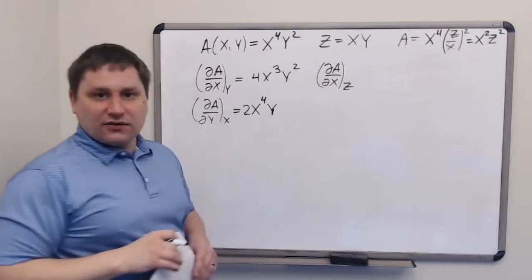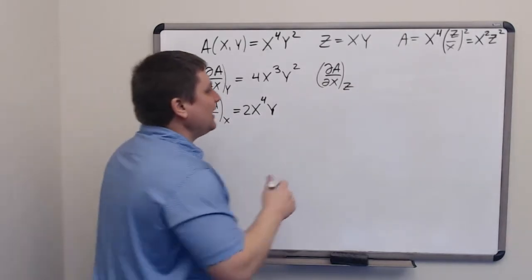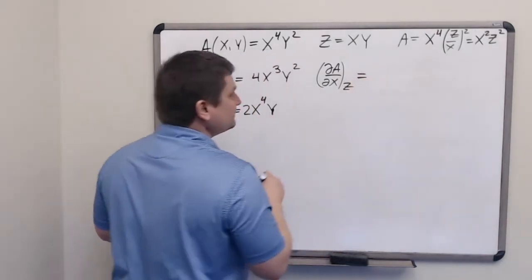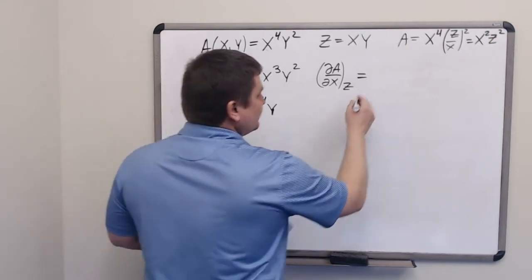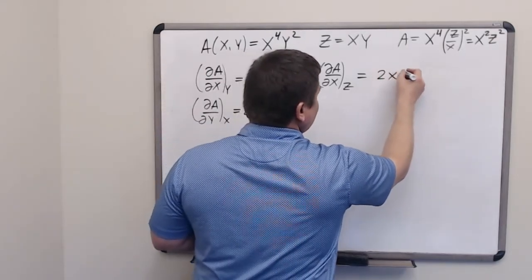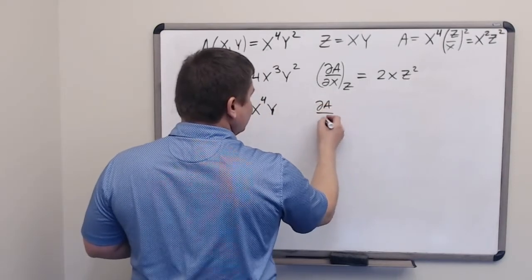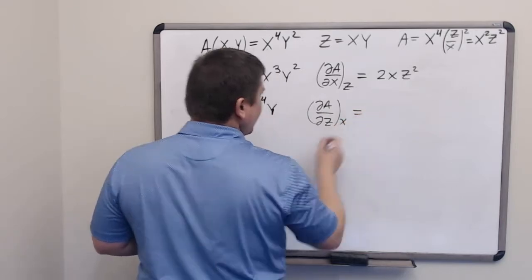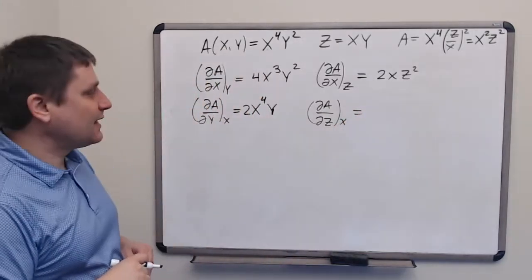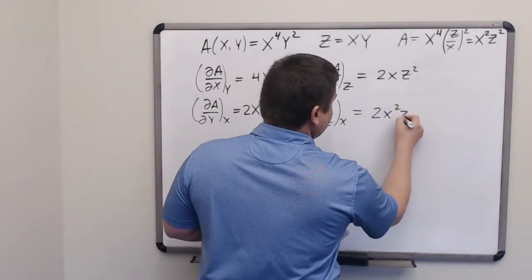So A, written as a function of z and x, is x squared z squared. And then I can do this derivative because I'm guaranteed to know what x is doing and what z is doing. So I'll get 2x z squared for dA/dx with z held constant. And for dA/dz, with x held constant, I'll get 2x squared z.